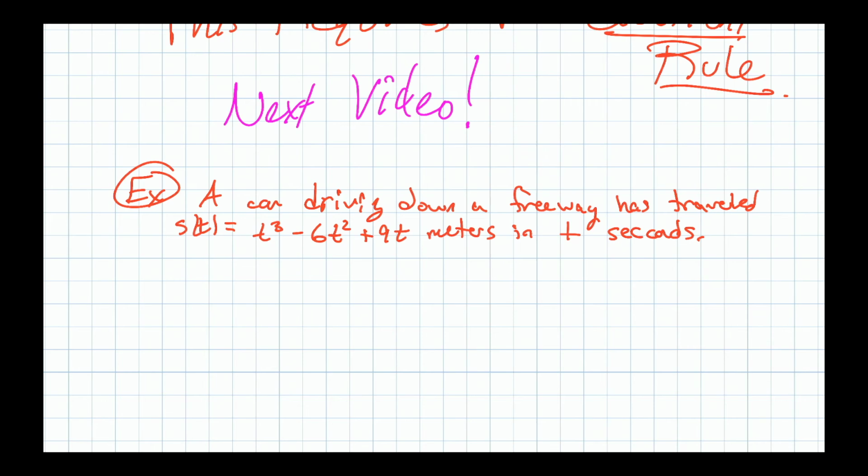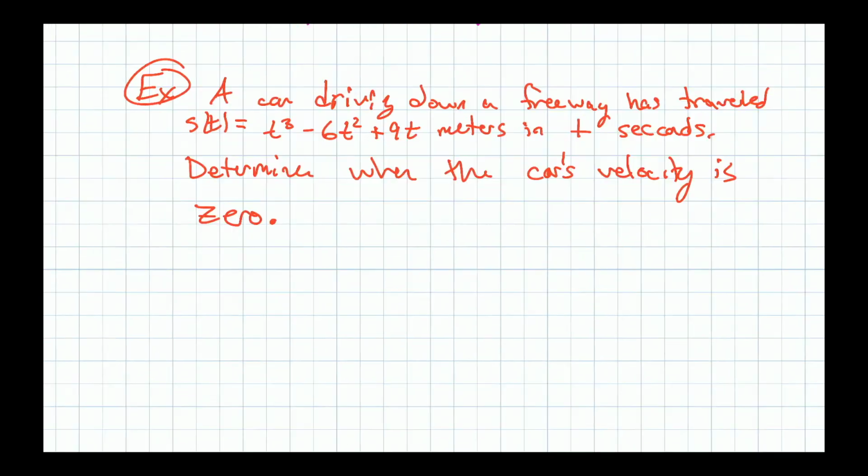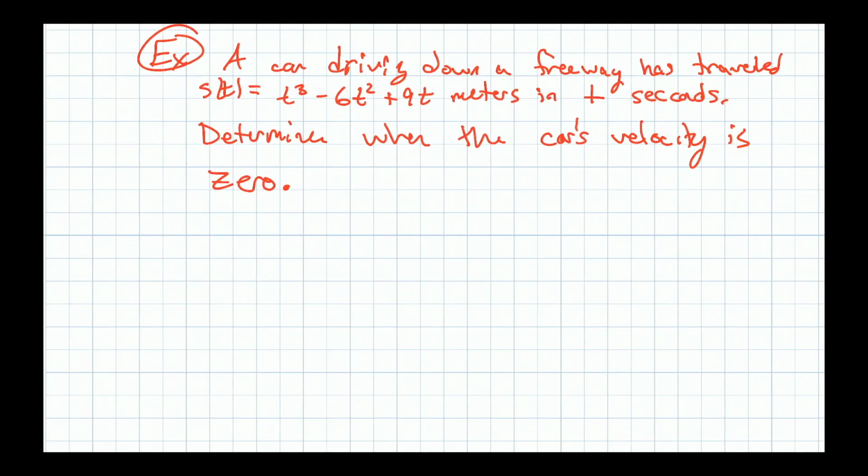And they want us to determine when the car's velocity is 0. Okay, so here's what you have to do. Again, the key is recognizing that when they're talking about velocity, they just mean the derivative of the distance or position.